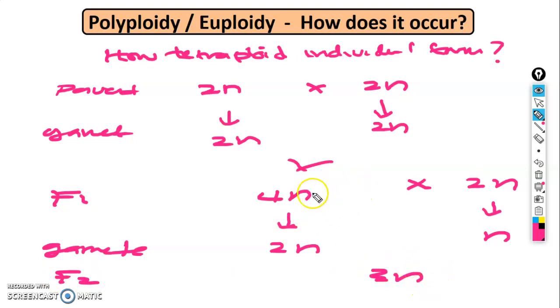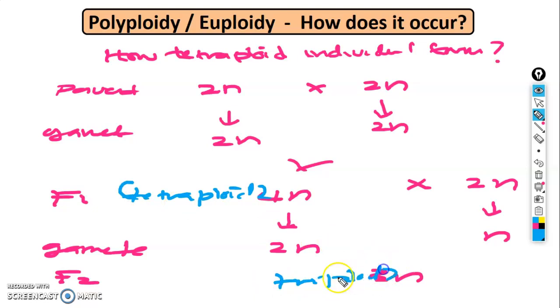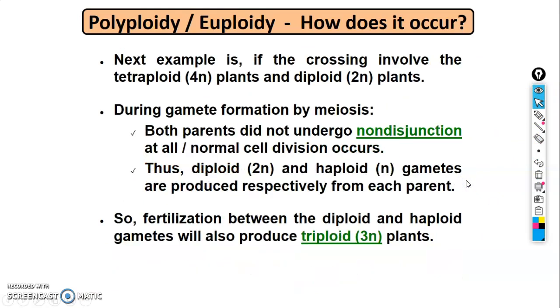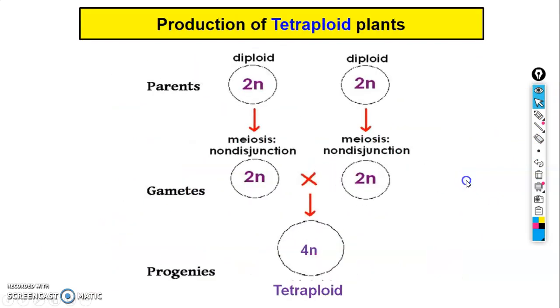This is tetraploid, and this is triploid. Then this is the explanation, you can read it on your own.